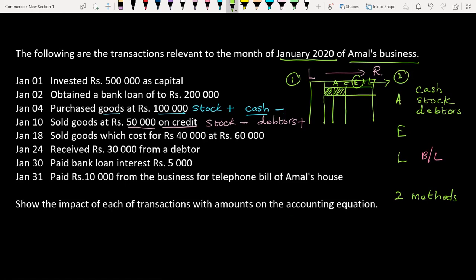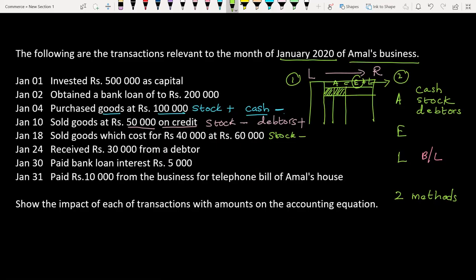January 18th, sold goods which cost 40,000 at 60,000. Now here, what happens is stock decreases because the business sells stock.